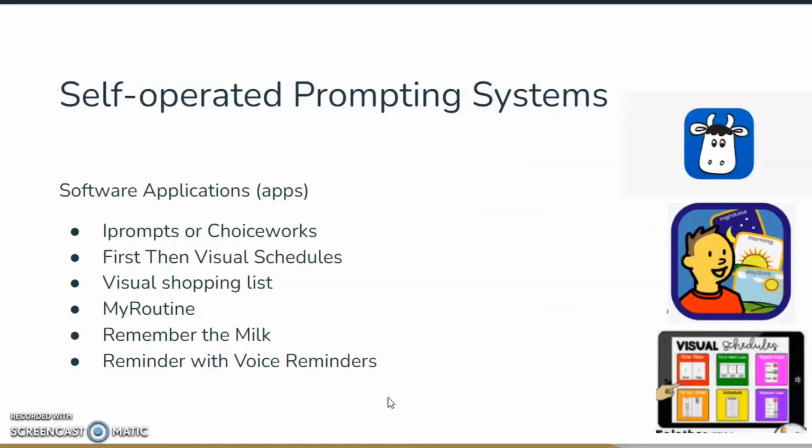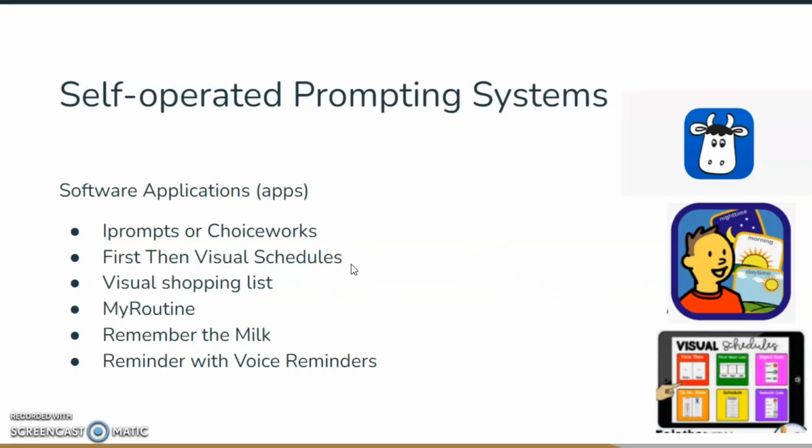Self-operating prompting systems using software applications or apps include this one over here, the iPrompt or ChoiceWorks, and that is a visual support that creates a picture guide, a sequence of pictures to guide the students on a specific order of something.